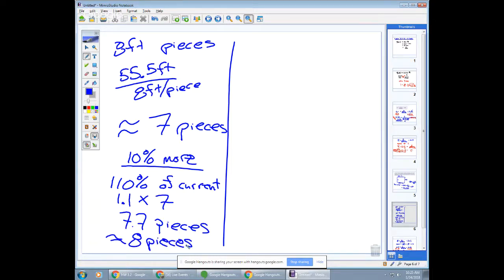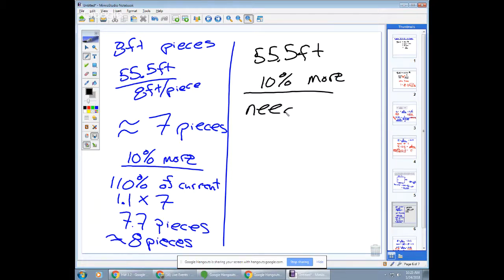So Robert said, hey, maybe we should do the 10% first. I just want to look at it that way. So I've got 55.5 feet, and I need 10% more. Anytime you add on 10%, a shortcut is to say you need 110%, which would be 1.1 times 55.5. Can't do that one in my head, I don't think.